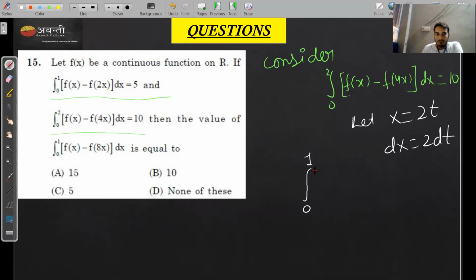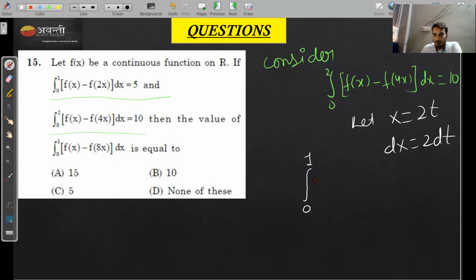See, my limit also becomes 0 to 1, right? Because in the answer it is 0 to 1. In the question it's 0 to 1, but the information is given from 0 to 2. So for that I have to take care of this 2 also. That's why we assume x equals 2t.